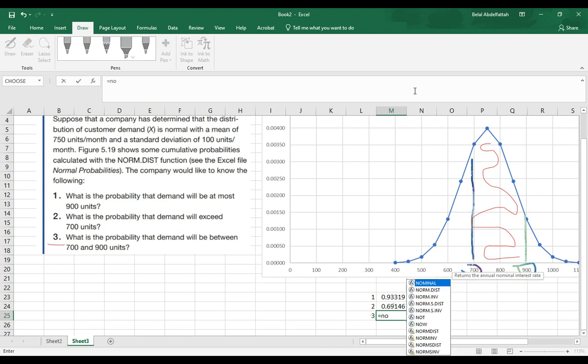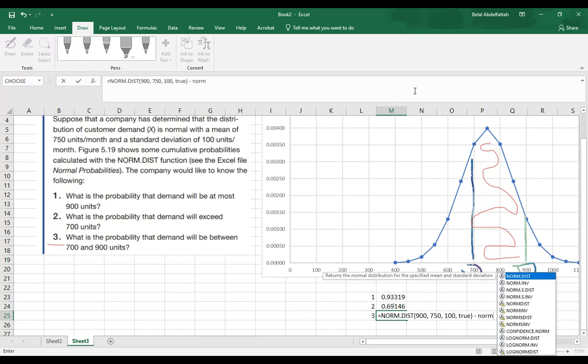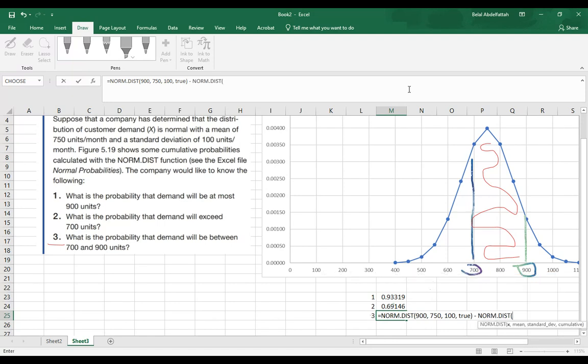I will say norm.dist, select 900, the mean is 750, standard deviation is 100, and I'm going to say true. Right? So I'm going to subtract that from another norm.dist, but this time I'm going to put 700 and fill in the rest of these values.